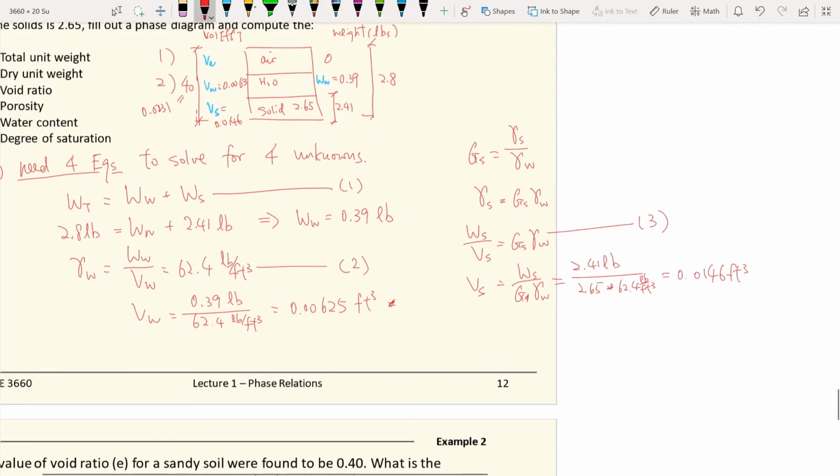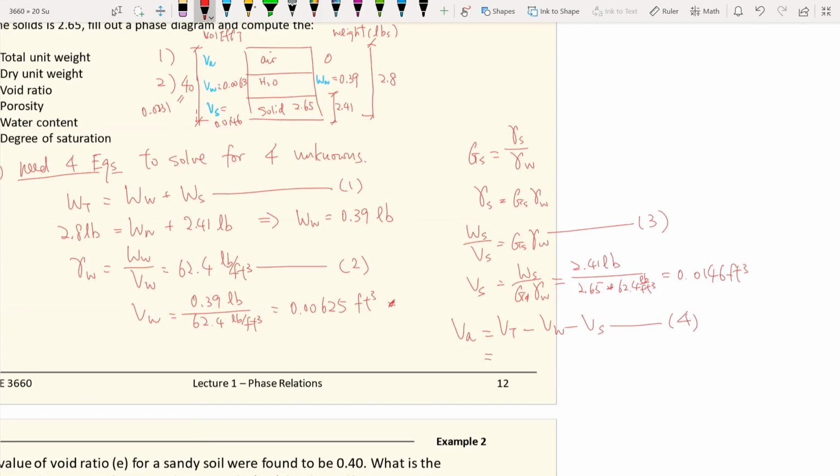And finally, we want to solve for the volume of air. The volume of air will equal the total volume minus the volume of water minus the volume of solid. So we have our equation number 4.